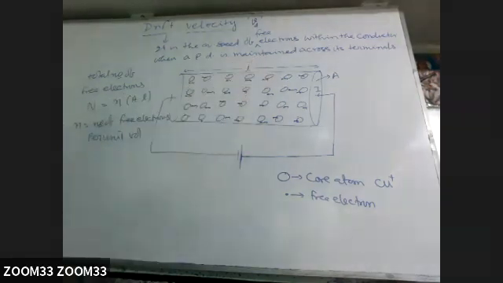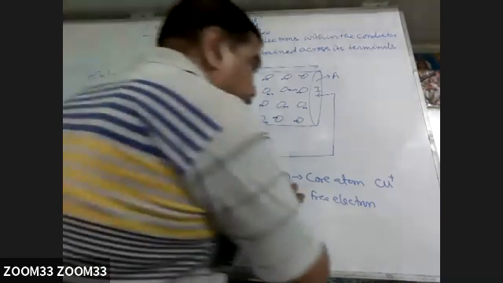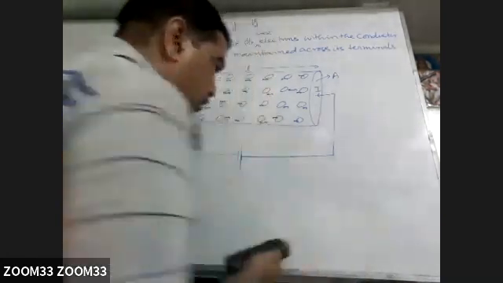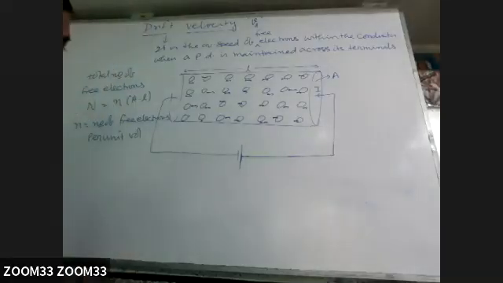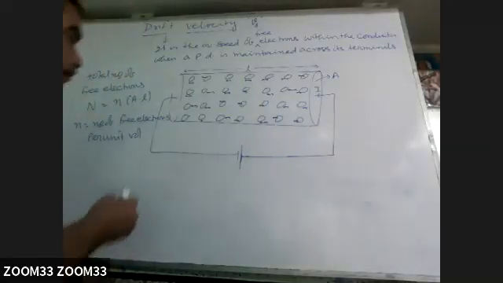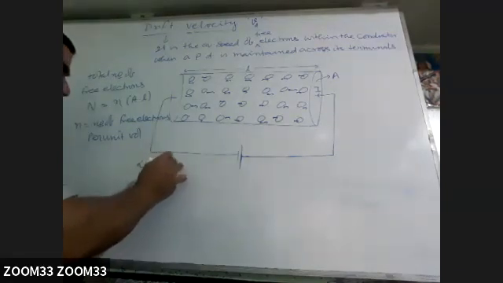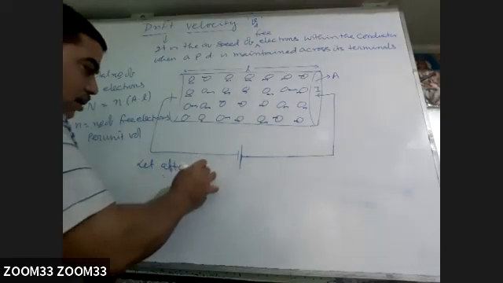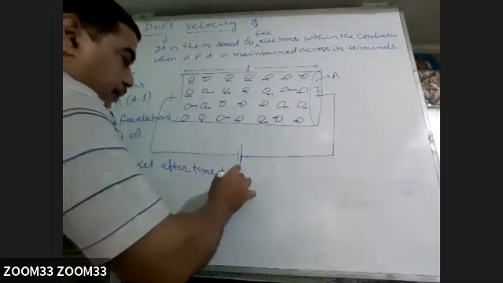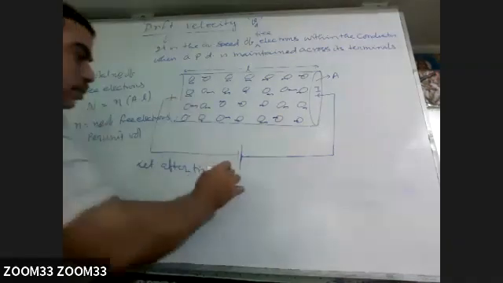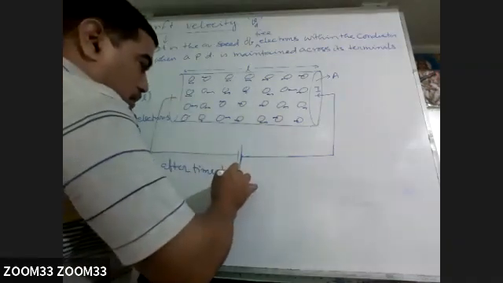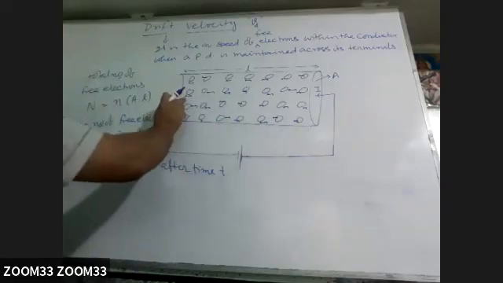L by T. After time T, when this electron has crossed this point, what does it mean?